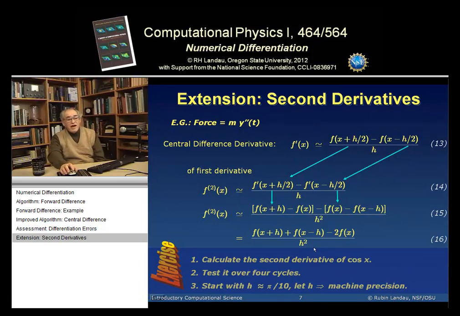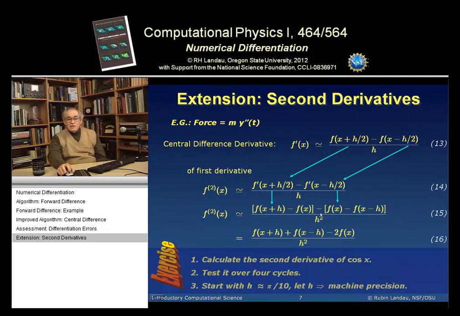It's like d squared f by dx squared. The reason the purists like equation 15 better is that in equation 16, when we add two numbers together we get a big number, and we subtract another big number from it, so we're taking small differences of big numbers. But in equation 15, we never let the number get that big, because we take a difference here, another difference there, and then do the subtraction.